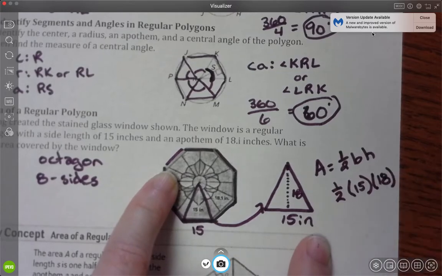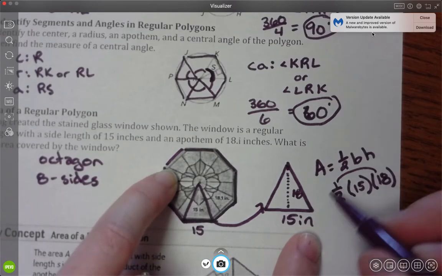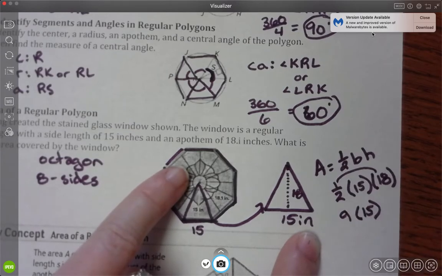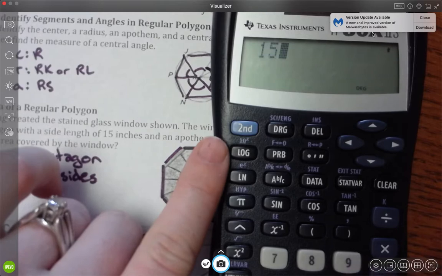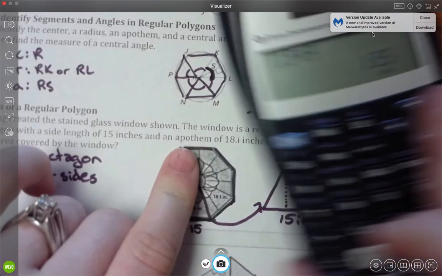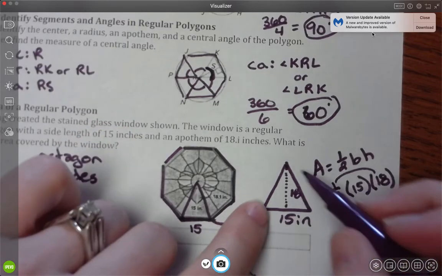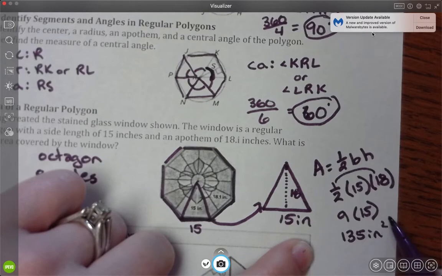I'm going to take half of 18 first, because I can do that nicely. Half of 18 is 9, so I take 9 times 15, which is 135. 135 inches squared is the area of that triangle.